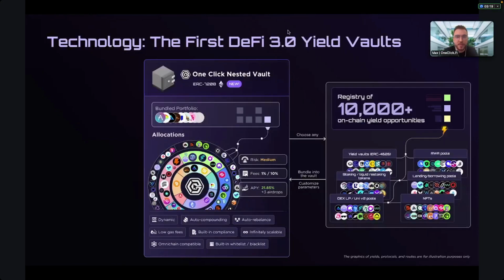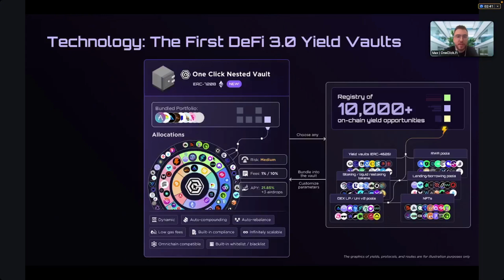Another cool thing that we have is the new token standard based on ERC 7208, currently pending approval of the Ethereum Foundation. It's essentially an omni-chain vault infrastructure. You can select any yield pool from any chain, like a DEX LP, lending pools on lending and borrowing apps, or staking pools, and combine as many of them as you wish into a bucket.